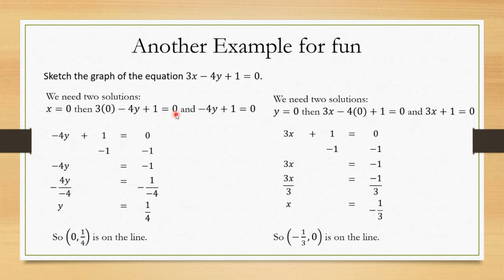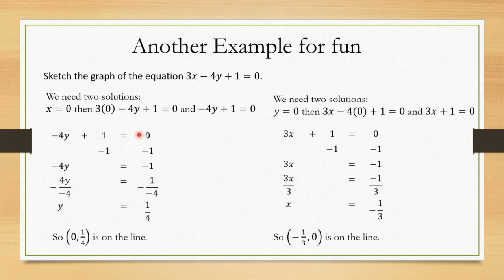So all we're left with is minus 4y plus 1 equals 0. And this equation is a lot easier to solve. I could have replaced x here by something besides 0, like 1, 2, negative 10, a billion. Why would you do a billion? I don't know, but you theoretically could do that. I just chose 0 because then it makes the resulting equation a little bit easier. At least I thought so.